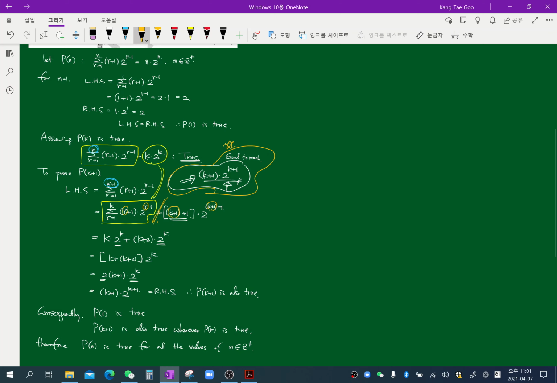During those steps, we can take what we have assumed previously, P k. You just bring the right hand side, simplified form of P k, to simplify your P k plus 1. Because this is a proving question, the answer is always there.